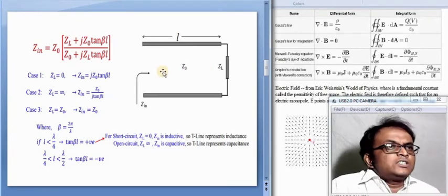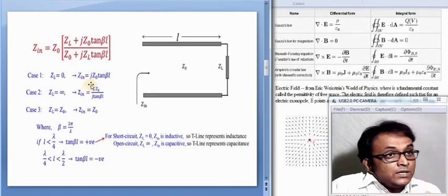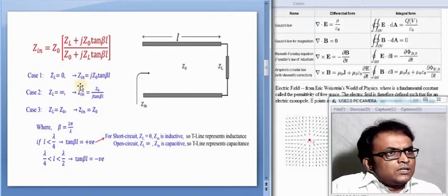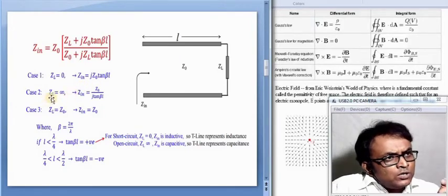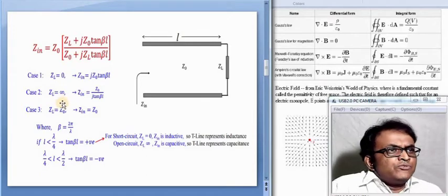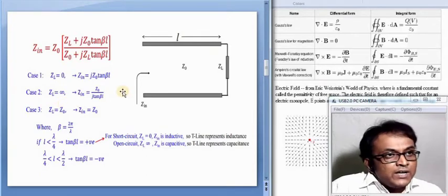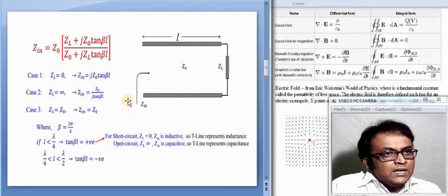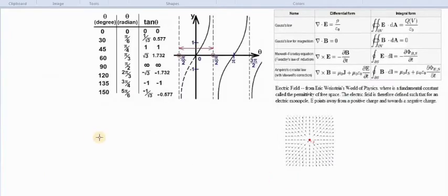Now, if we consider the transmission line model to be open circuited, the impedance will be infinite, and that is what we come to in practical antenna cases. I am just giving you an overview of that.